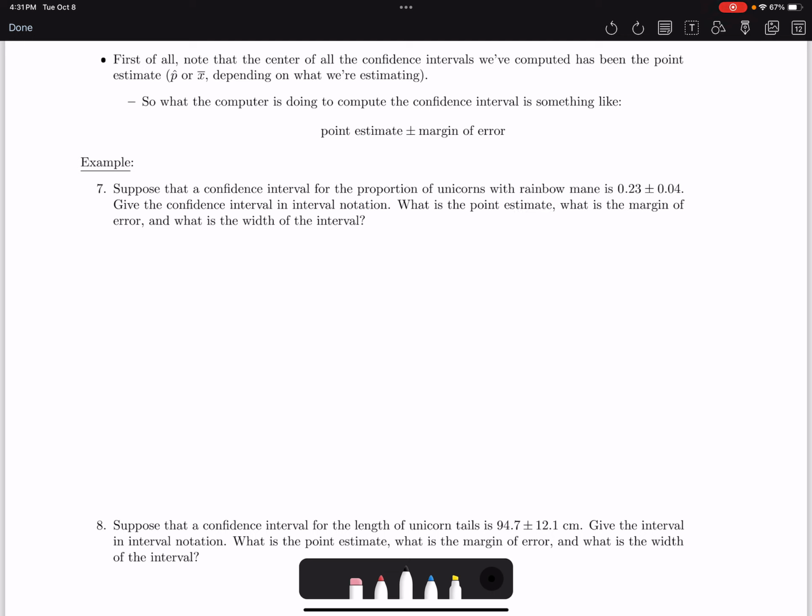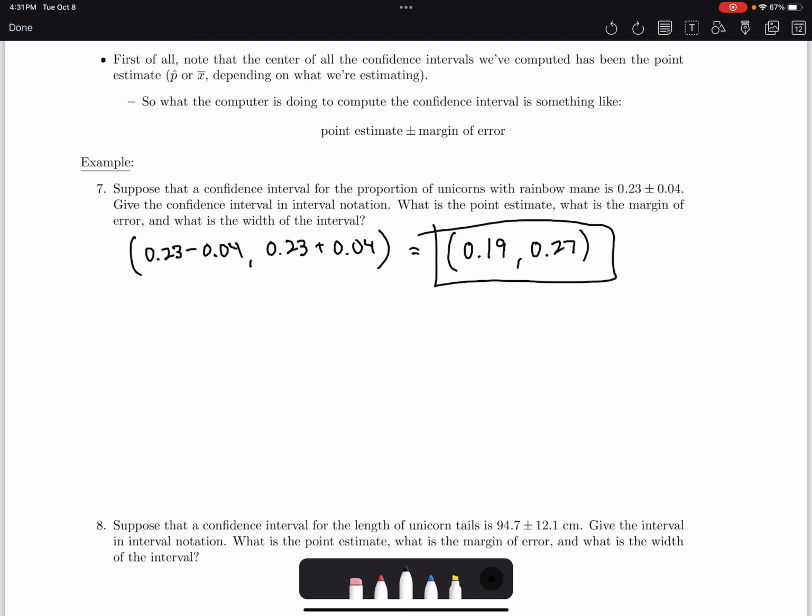Well, the confidence interval in interval notation would be 0.23 minus 0.04 and then 0.23 plus 0.04, which would equal 0.19 and 0.27. So that would be our confidence interval.